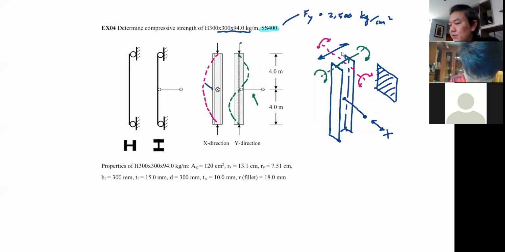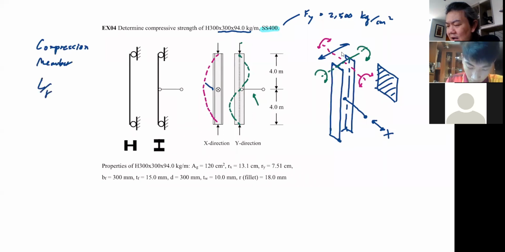And one thing I forgot to tell you yesterday, and this is quite important for compression members: for any compression member, it's written there somewhere, the L over R of the member should not exceed 200 or it becomes too slender.